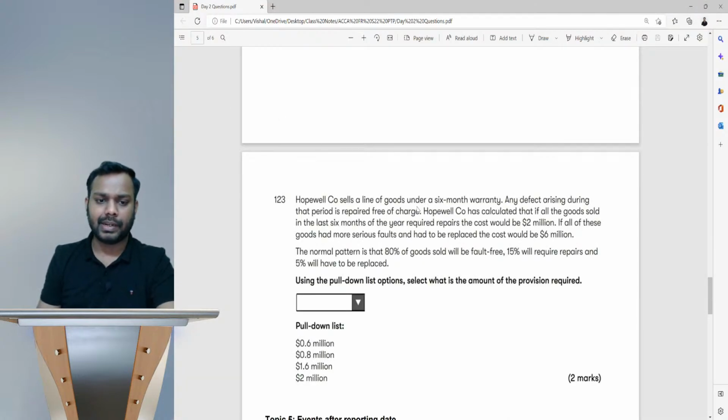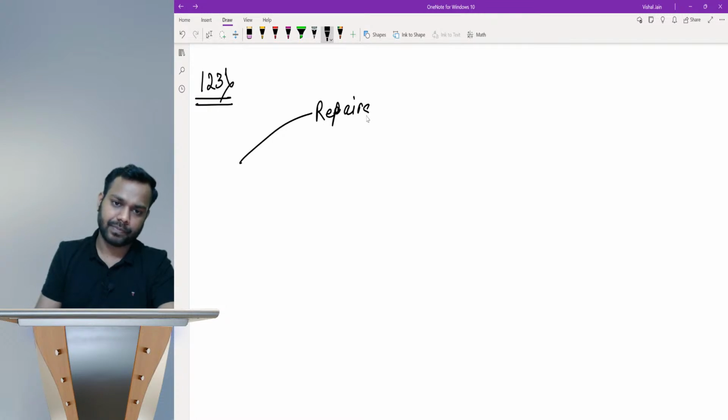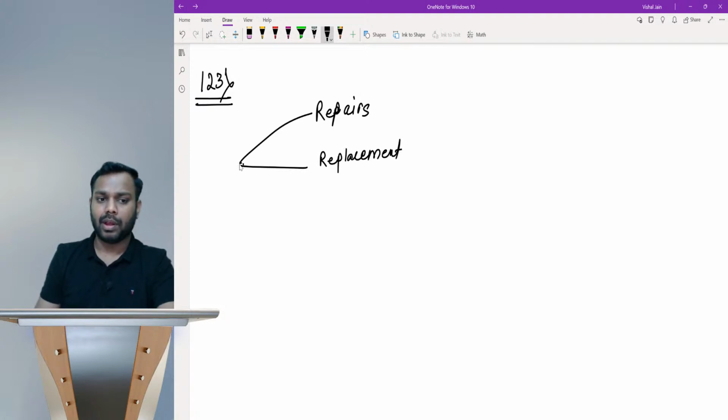Any defect arising during that period is free of charge. Hopewell company has calculated what would happen if all the goods sold in the last 6 months of the year required repairs. So there are three situations. Goods might require repairs, goods might require replacements, or there might be no defects.